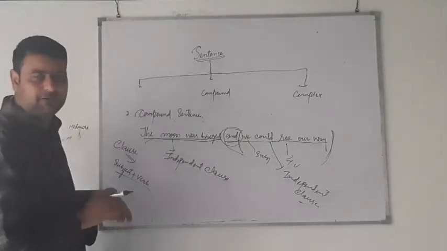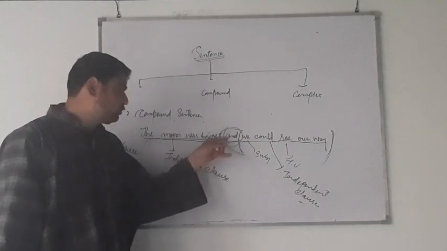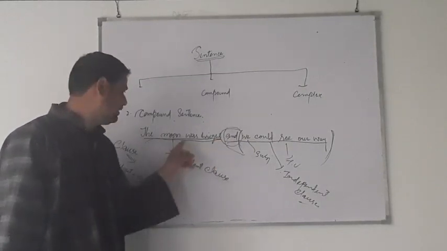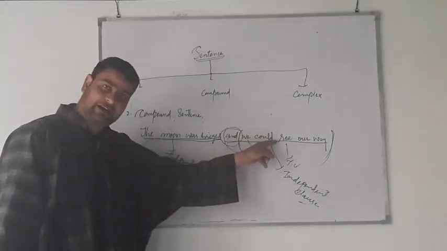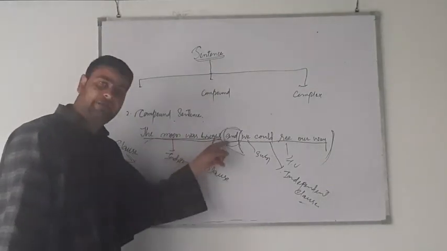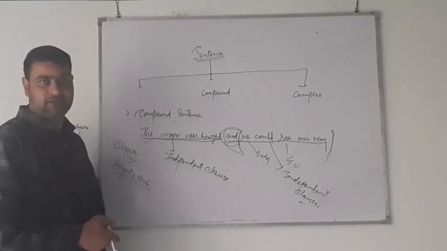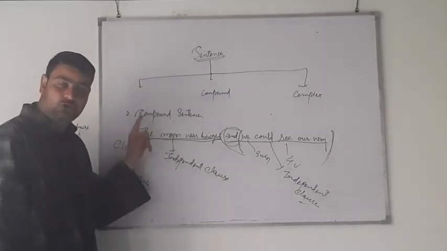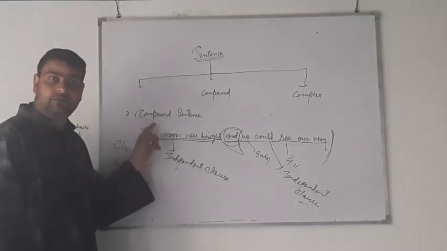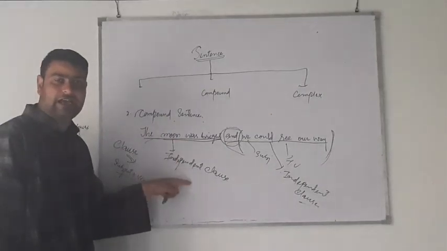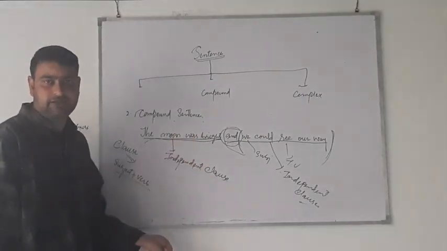Here two independent clauses are joined by and. This is an independent clause, this is an independent clause, joined by and. Hence we can call such sentences compound sentences: those where you have two or more independent clauses joined by a conjunction. This is the simple definition.